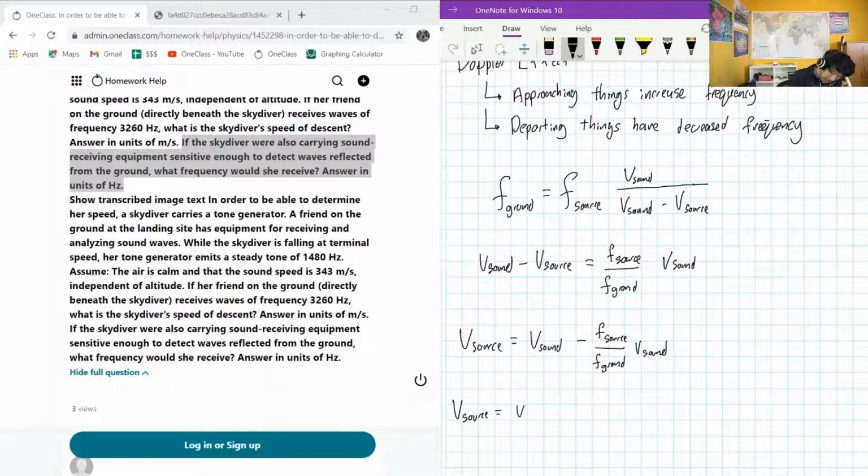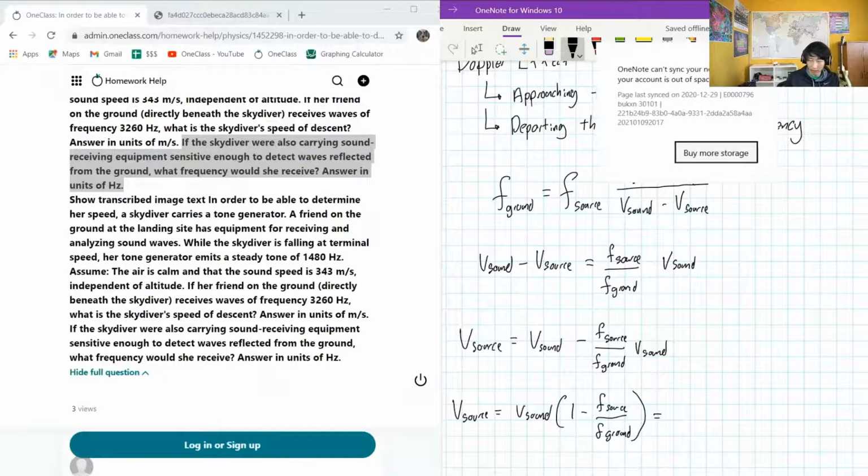It is equal to V sound times 1 minus F source over F ground.